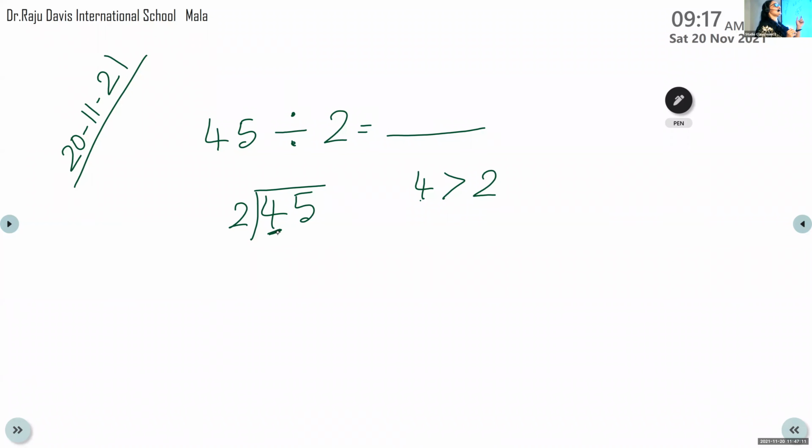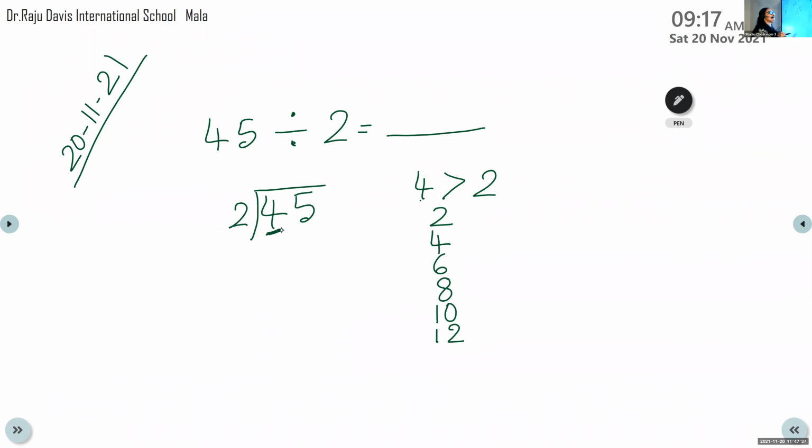If you are not thorough with the table, you can write the full table over here. I am writing only the products over here. 2, 4, 6. 2 twos are 4. 2, 4, 6, 8, 10, 12. I just wrote it over there.